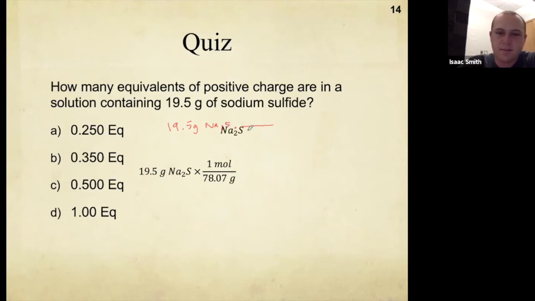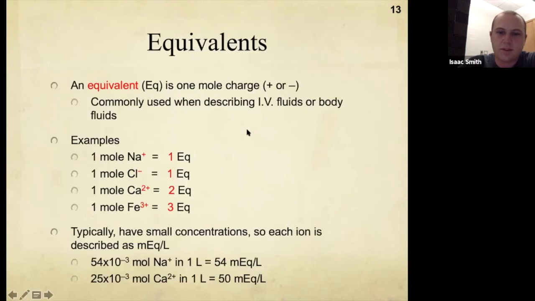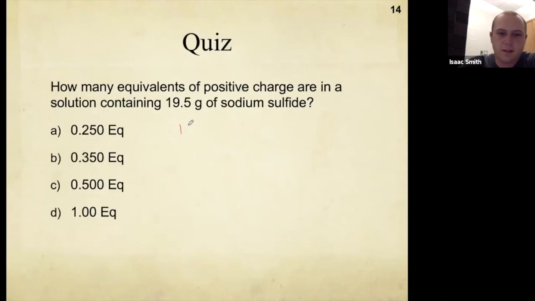Okay, so 78.07 grams of sodium sulfide for every mole of sodium sulfide.